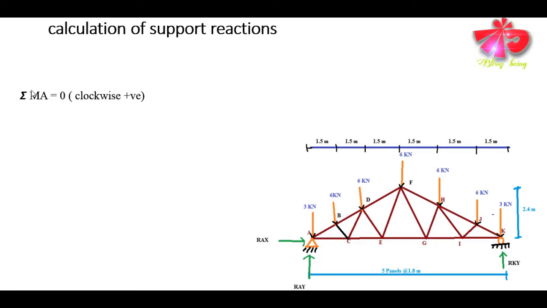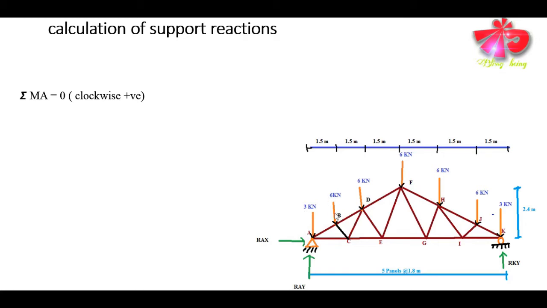Okay, so at point A we can easily see that this reaction RKY is giving an anti-clockwise moment, and all the external loads, that is 3 kilonewtons, 6 kilonewtons, and so on, are giving a clockwise moment. The first 3 kilonewton load at A is not giving any moment.